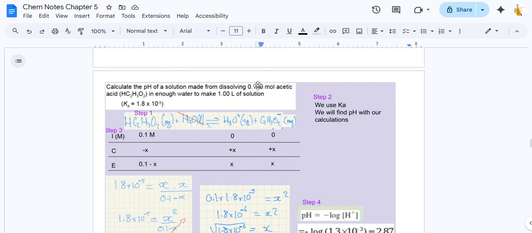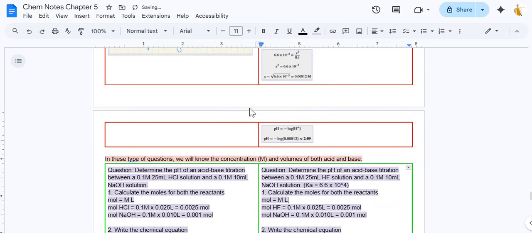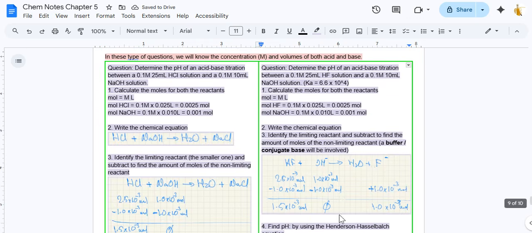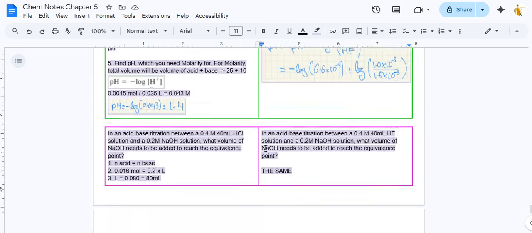A mole and volume is offered, and a Ka constant is also given, but you know to do what's taught here because there's four things offered.